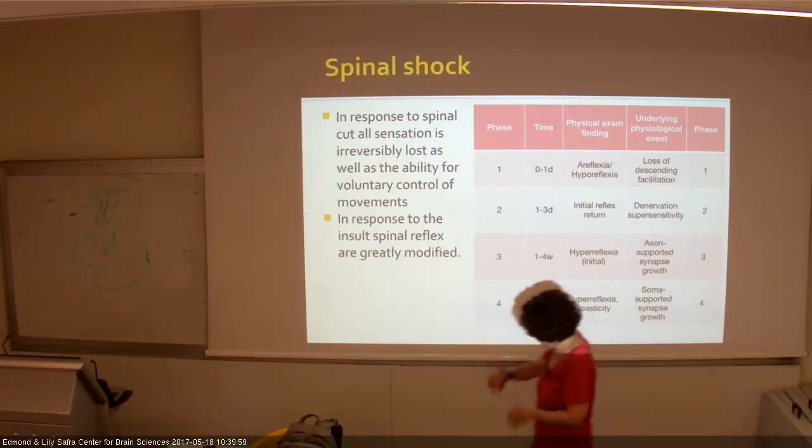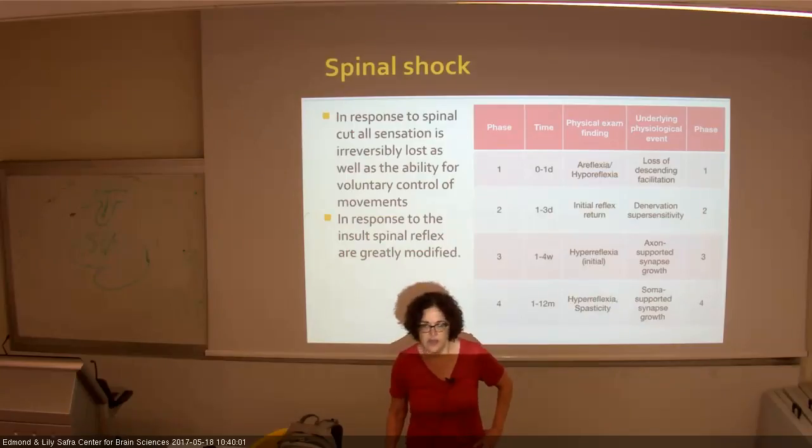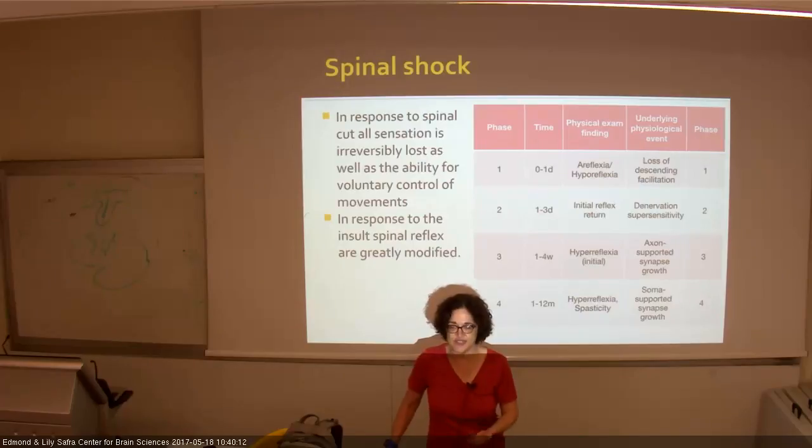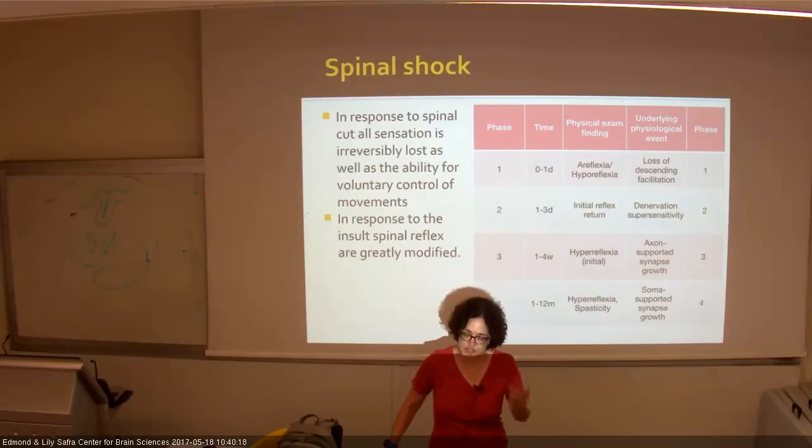And why is there spasticity after a spinal cord injury? So there is some homeostatic response of cells. They lost part of the input, so the system compensates by having new synapses grow, or enhancing the strength of existing synapses.